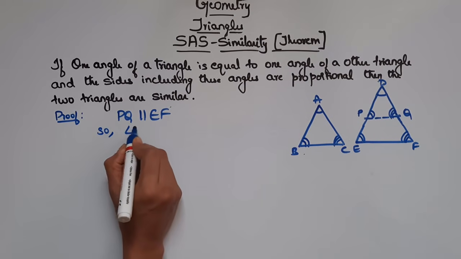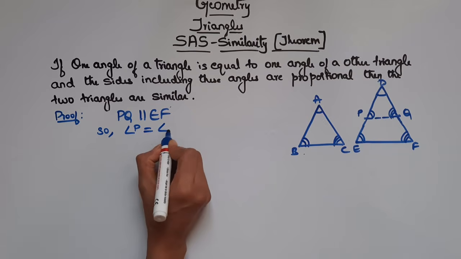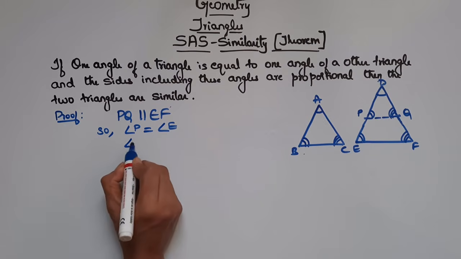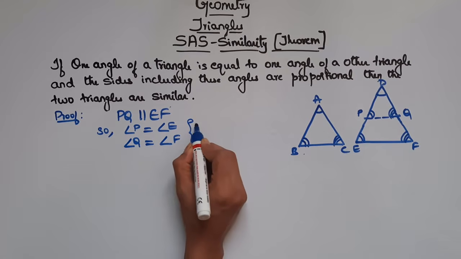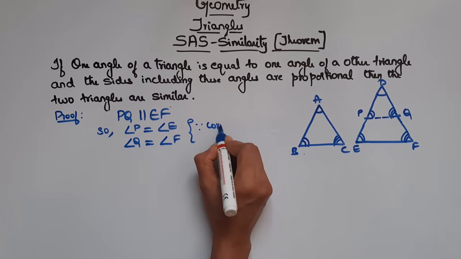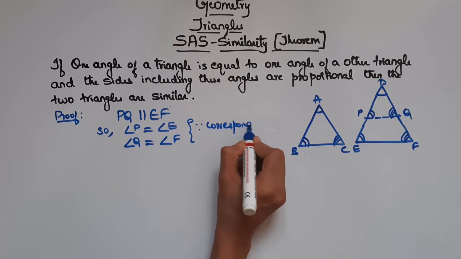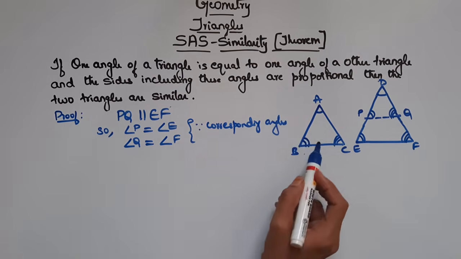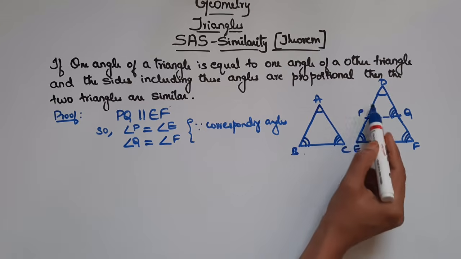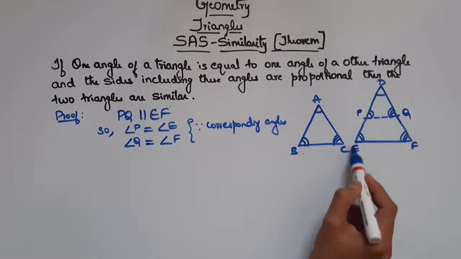So angle P is equal to angle E and angle Q is equal to angle F, since corresponding angles, right?